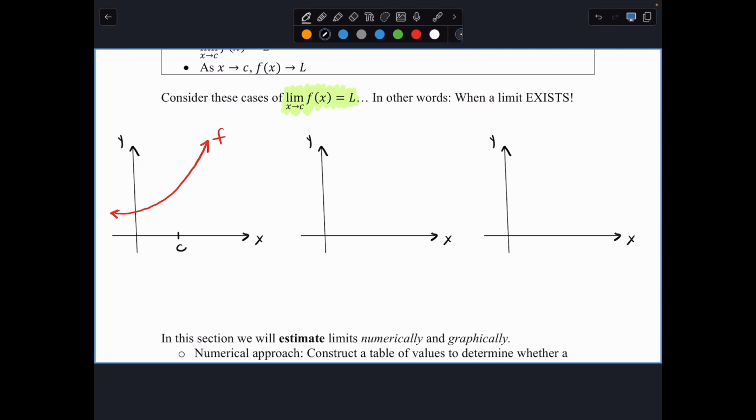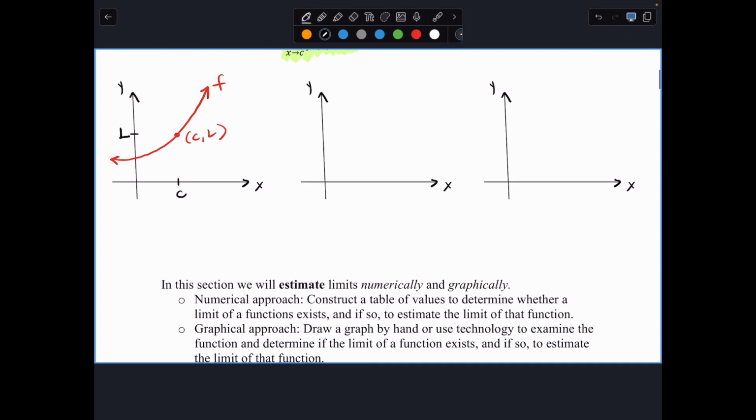Let's say this is x equals c, and this is L. Meaning the point (c, L) is on the graph of f.